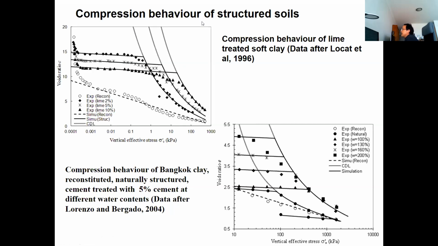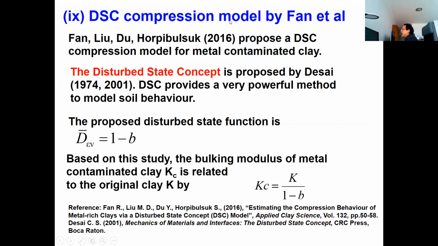Another model is called the DSC model. It's also proposed by Fang, Liu, Du, and Hopboskin. This model looks very simple, but it's very powerful. And the simulation, if you want to use this model, is very challenging. You need to be very good at mathematics.